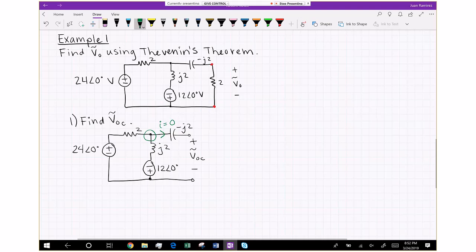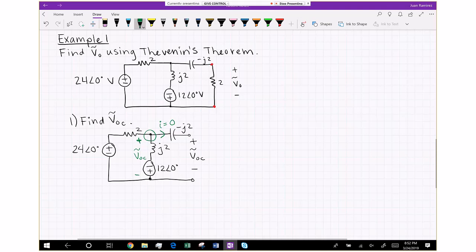So if the voltage across the capacitor is 0, then the voltage across these 2 points has to be VOC, from the top of that inductor to the bottom of that 12 volt source.